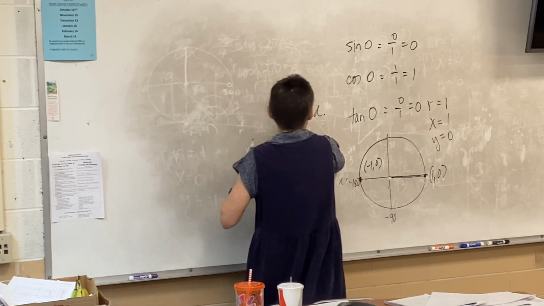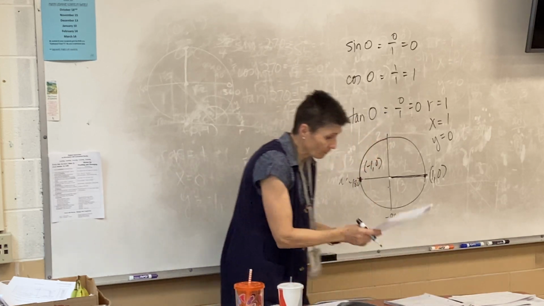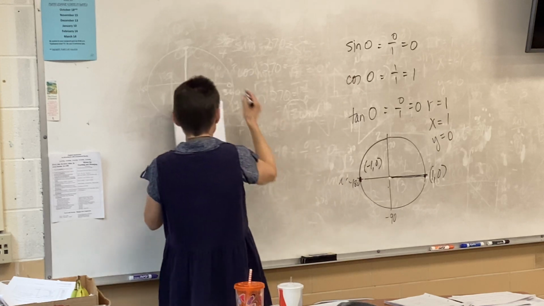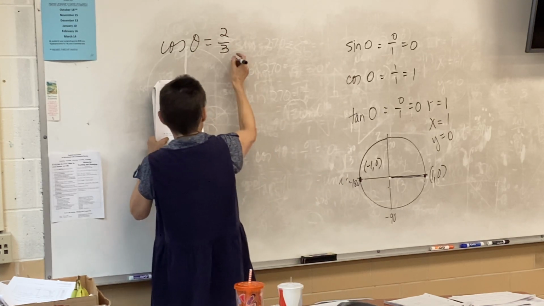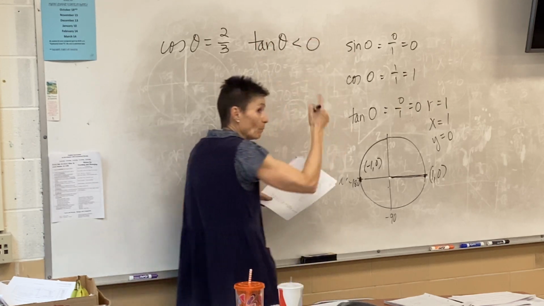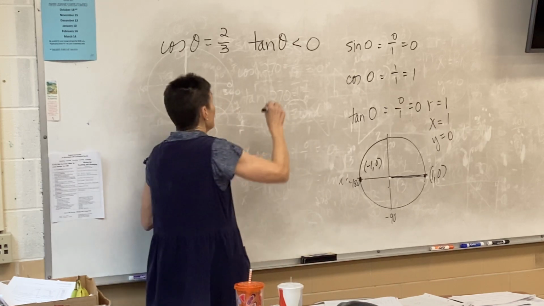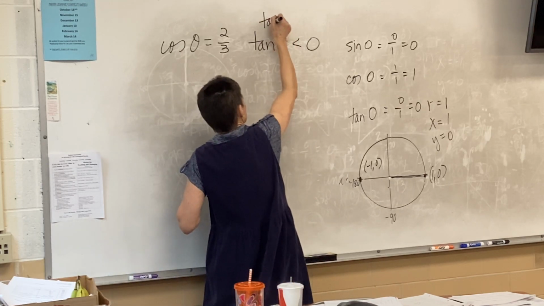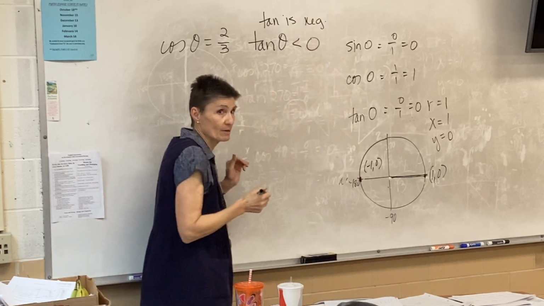Okay. So here we go. We are told that the cosine is 2/3 and the tangent is negative. That went off the page a little bit. It's less than 0. So this means the tangent is negative.